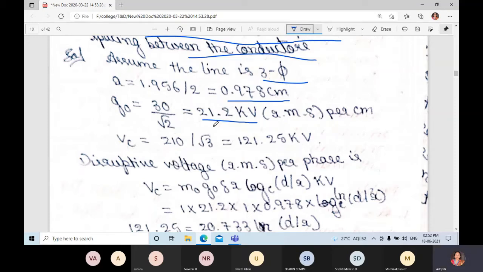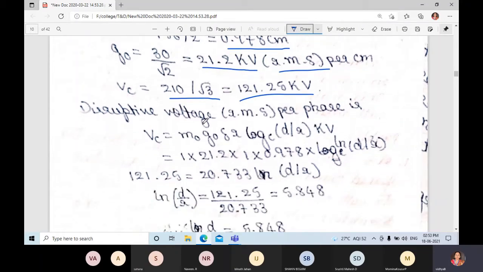To convert to RMS, it is divided by, not multiplied, sorry. G naught is equal to 30 divided by square root of 2. You will get 21.2 kV. That is, we have converted to RMS. VC is equal to 210 divided by square root of 3. You will get 121.25 kilovolt.